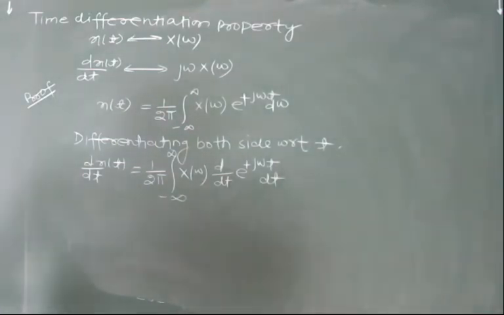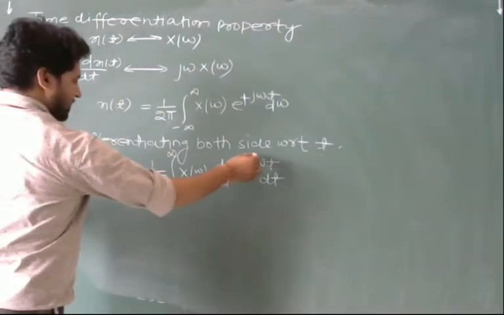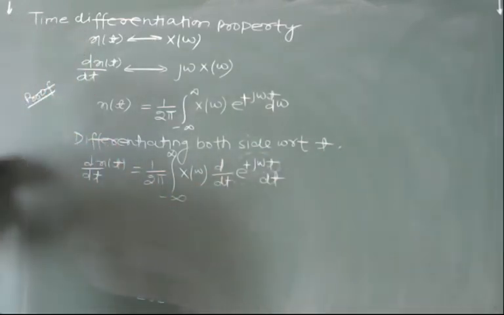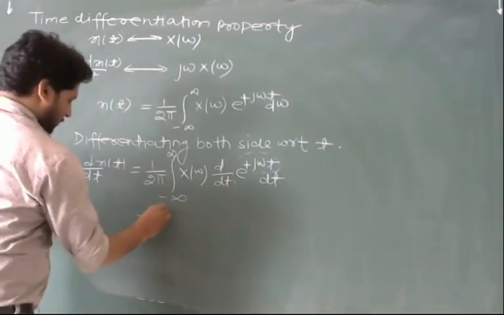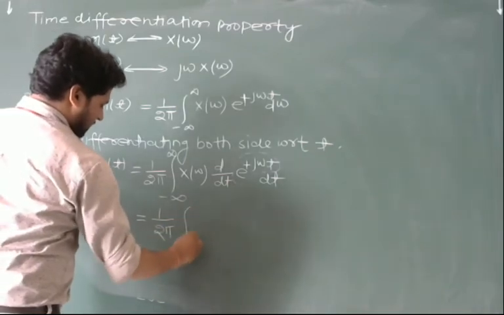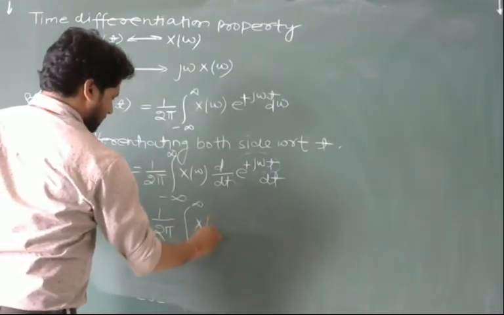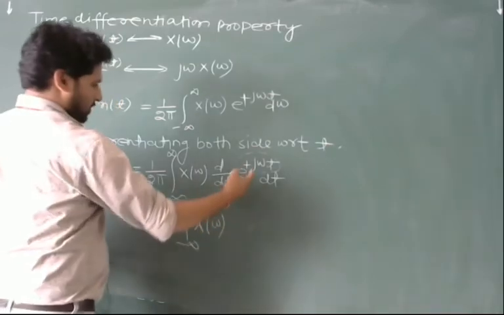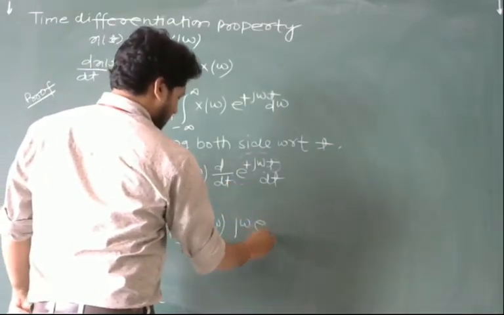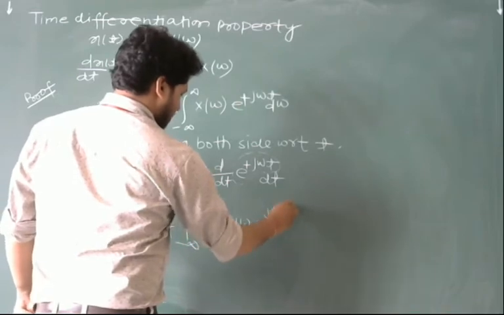Now the differentiation of e power plus j omega t will be equal to j omega times e power plus j omega t, and this will become 1 upon 2 pi, the limits on the integration will remain the same, X(omega), j omega e power j omega t.